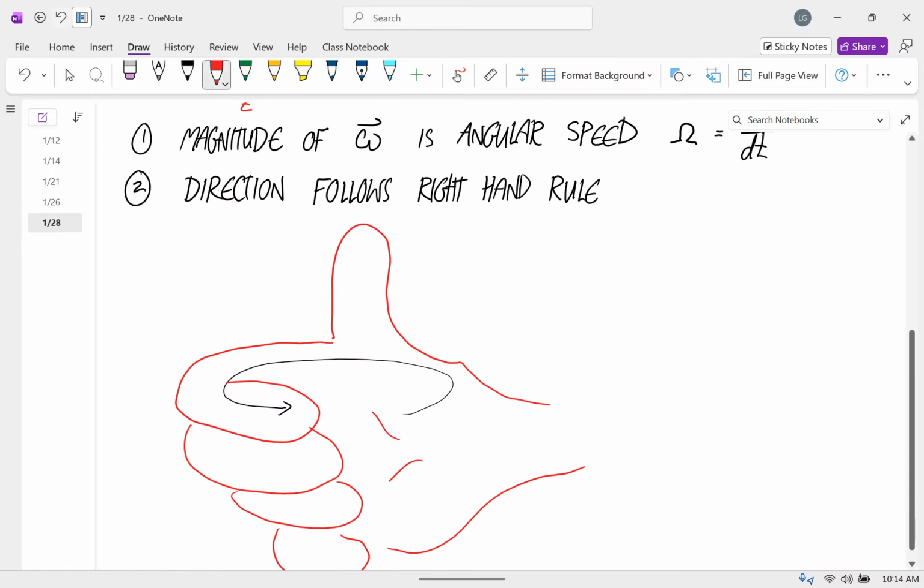And then your thumb points in the direction of the vector. Okay, so the direction of the angular velocity vector is always an axis that the circle is going around. And which direction along that axis it is comes from the right-hand rule.